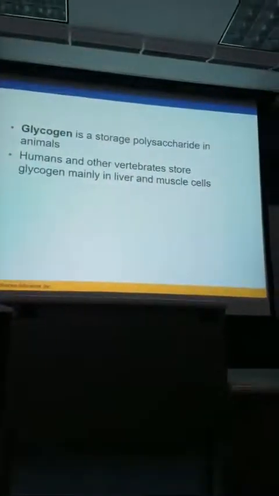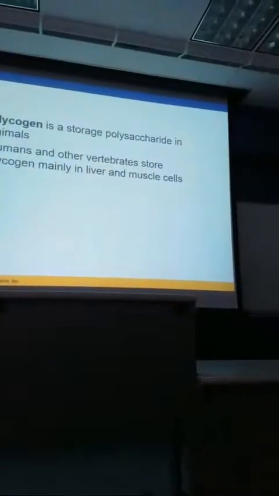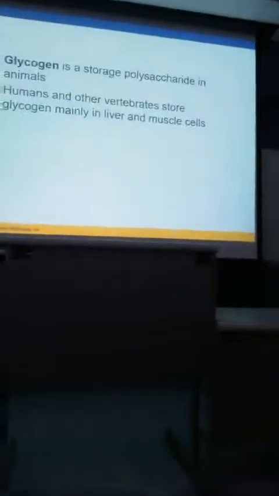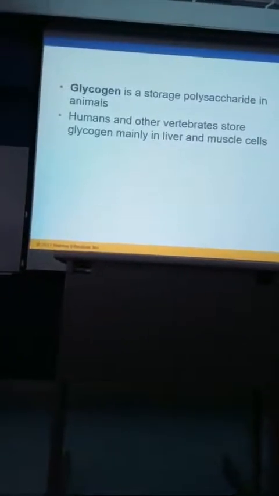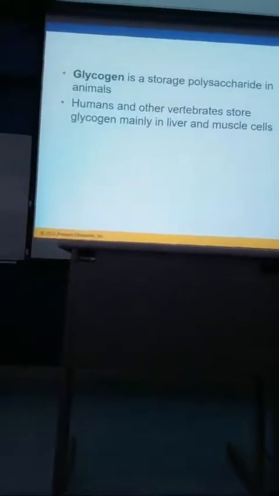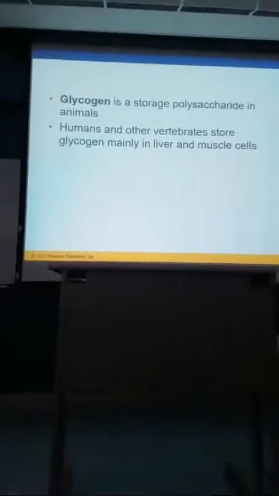And also remember, the primary place we will find glycogen in mammals and other vertebrates will be in liver and muscle cells, because those are the ones that are going to use the energy the most. Liver will break down that glycogen and prepare it to go through the system, and muscle cells will use it as well.